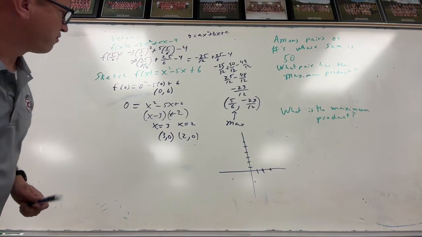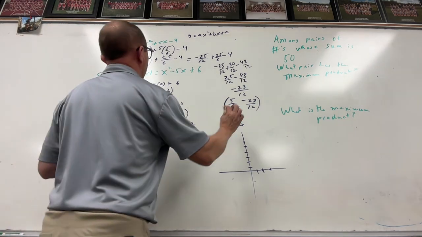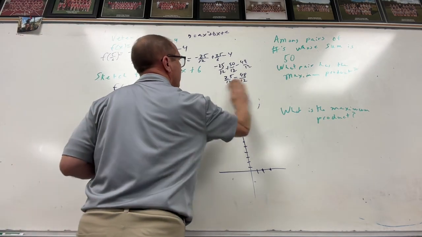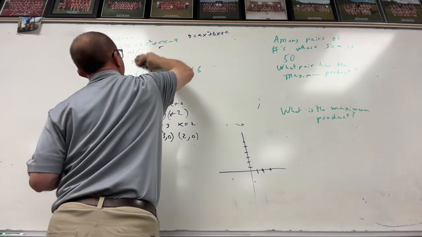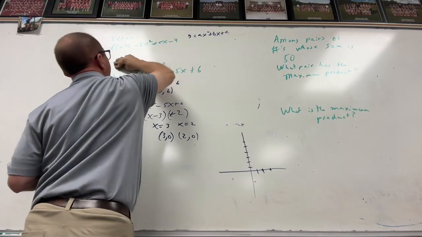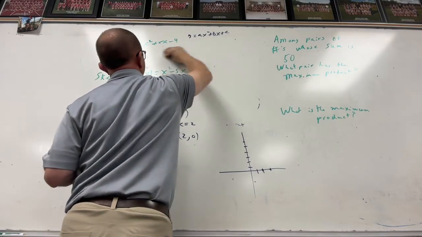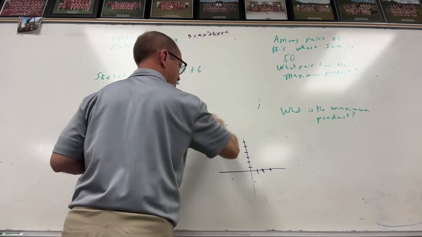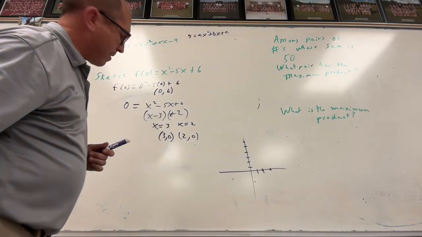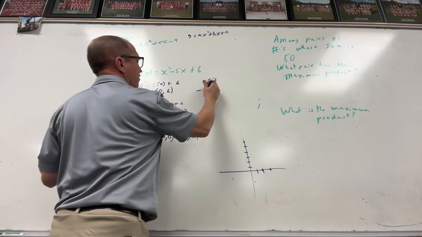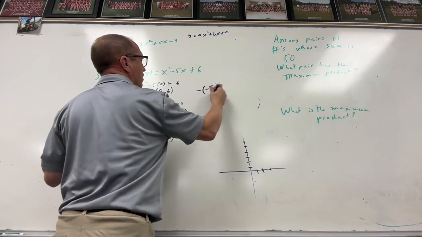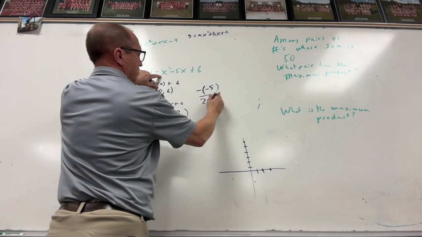So, from here, let me erase the first problem. And we get the negative of negative 5 over 2 times 1.